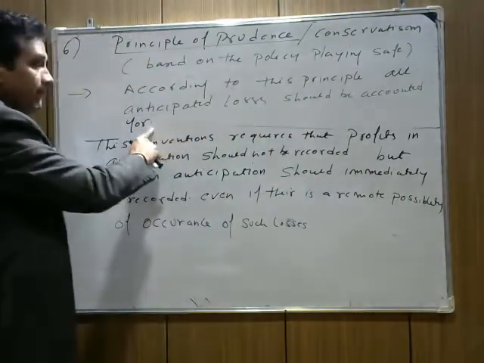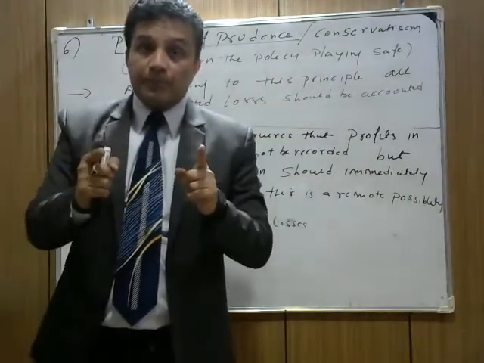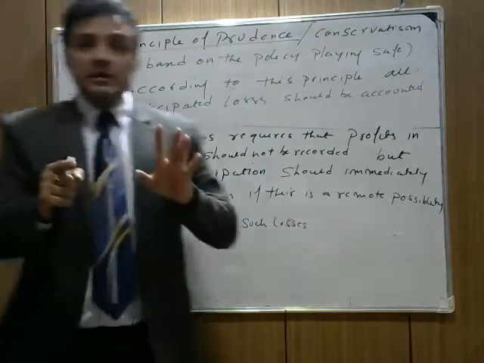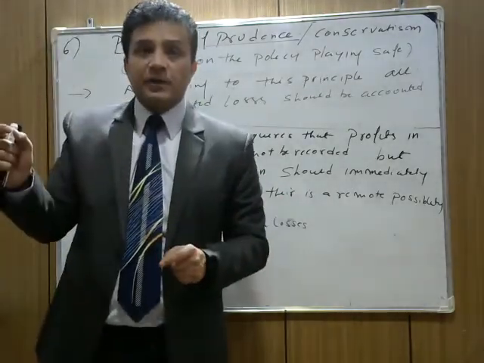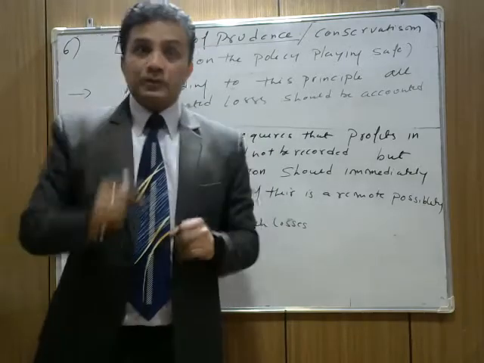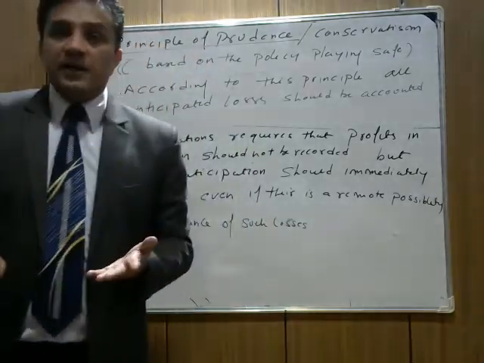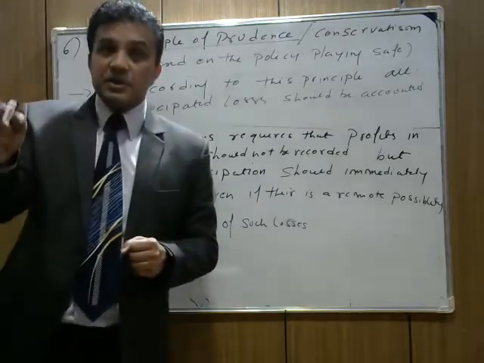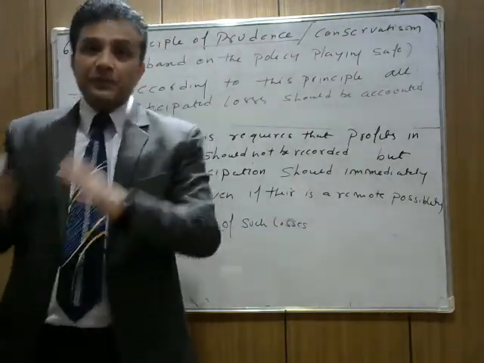You understand? This principle is based on the policy of playing safe. According to this principle, all anticipated losses should be accounted for. All the losses should be accounted for. But the main thing is, all anticipated profit should be ignored.